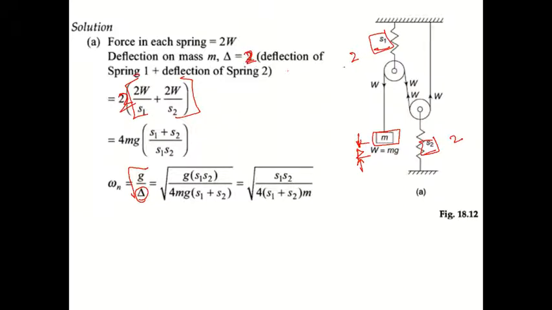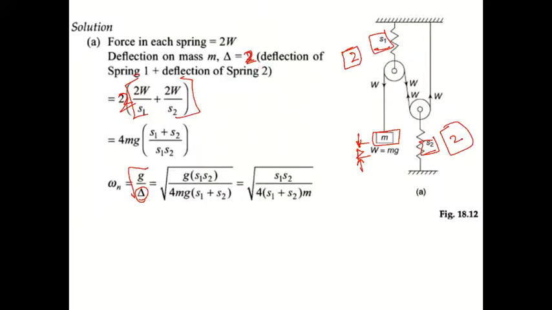Remember this: how much load is acting on the spring? How many times is it bigger or smaller than the given mass? That value we have to take. For the first spring 2 times, for the second spring 2 times. So they have taken the 2 out.